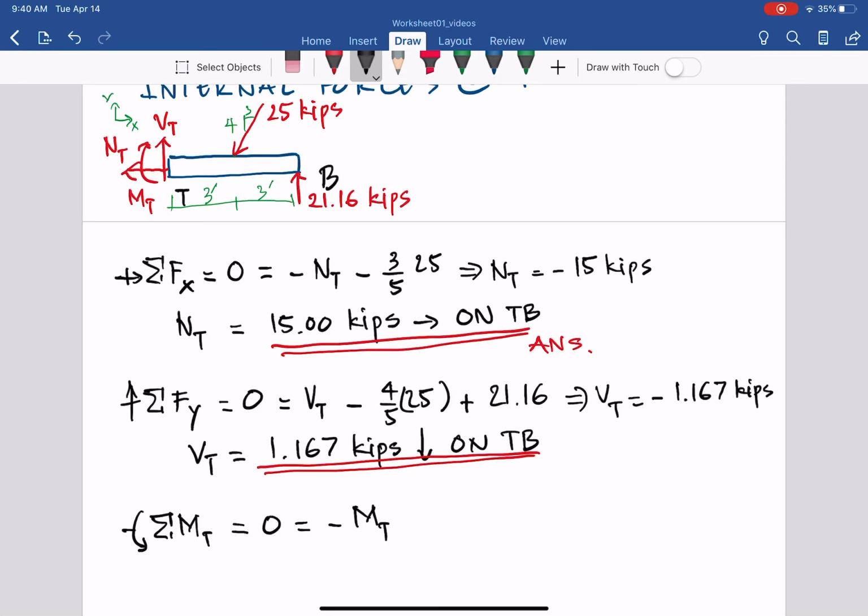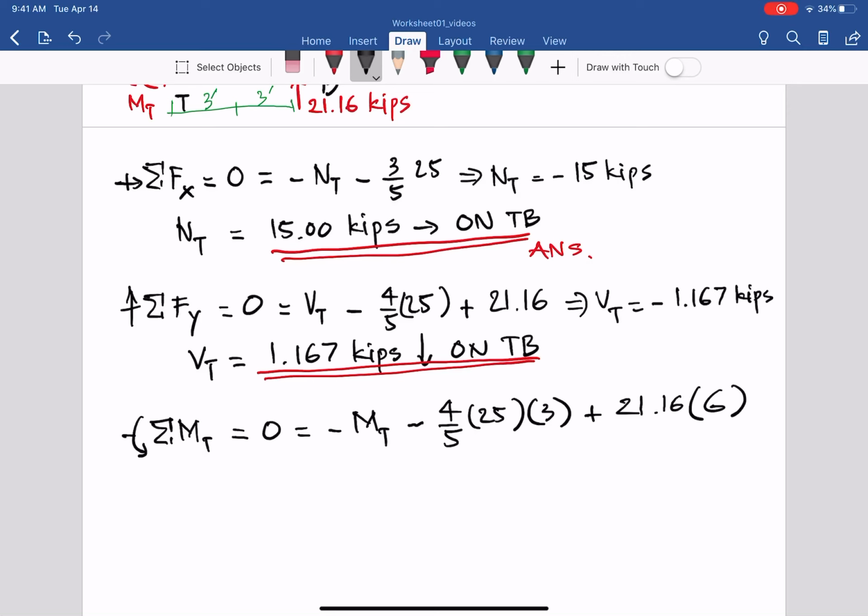And we have 25 kips about T also clockwise, so it's negative, and 4/5 times 25 with moment arm 3 feet. And then we have the B_y 21.16 kips about T, it's counterclockwise, so you have plus 21.16 times 6 feet.